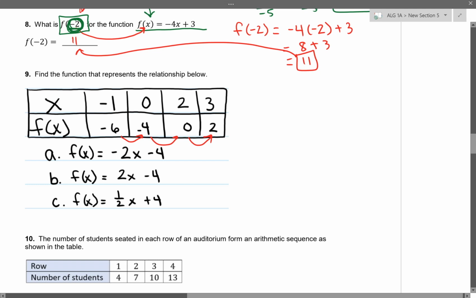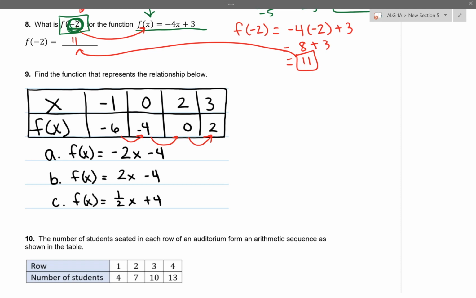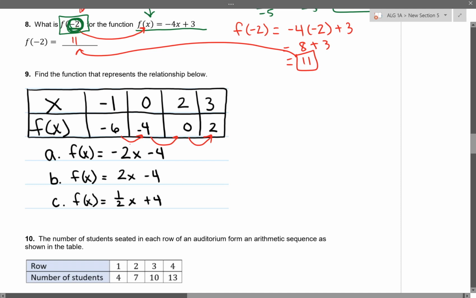So what is happening each time? Well, negative 6 to negative 4 is a difference of a positive 2. And then negative 4 to 0, though, is not a positive 2. But look right here. Is that in order? This one went negative 1 to 0 to, and it skipped a number.